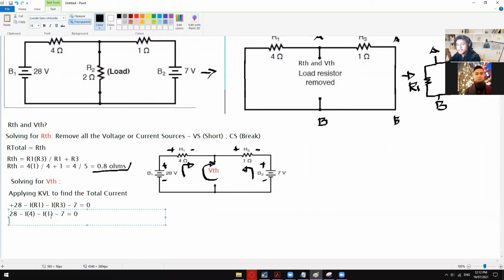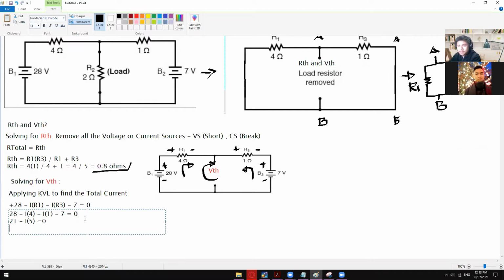So 28 minus 7 is 21 minus, so we have the same current in here. So I4 minus I1, or plus minus I1 is equal to I5, okay, since they have the same polarity, negative and negative. And then equal to 0.